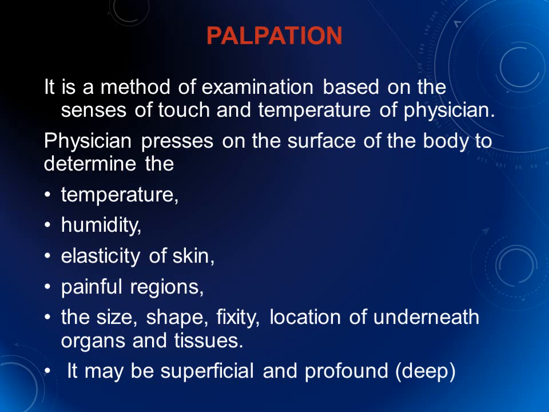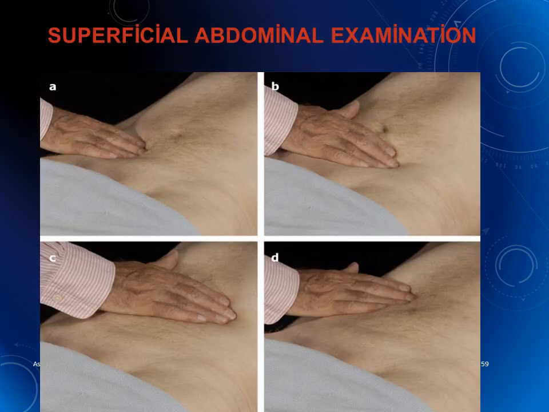Two kinds of palpation are distinguished, the superficial and deep. Superficial abdominal examination, or superficial palpation, is a gentle, light examination when the physician's hand lies flat on the abdominal wall and inspects it with light touches.